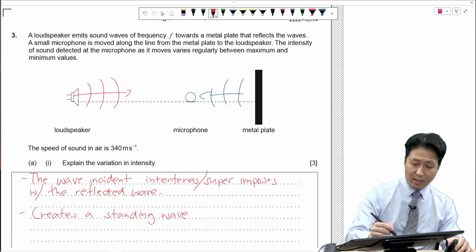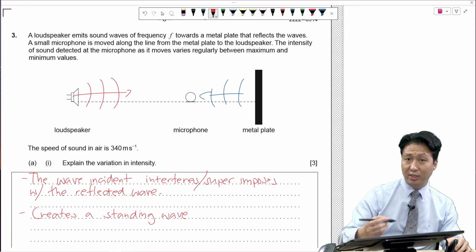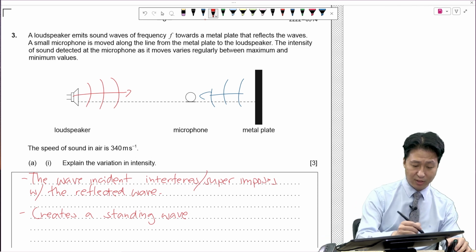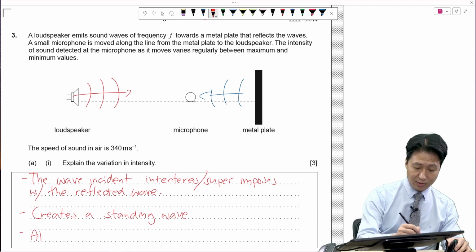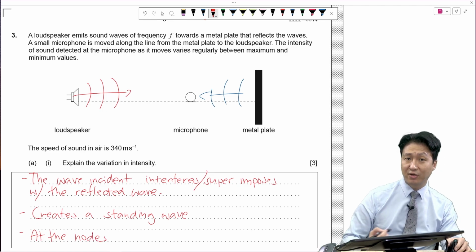So this standing wave has nodes and antinodes, but what is actually important is at the nodes, the waves destructively interfere, so the sound or intensity is lower.